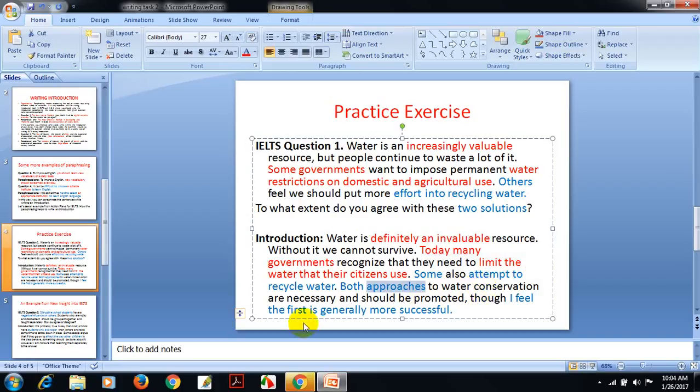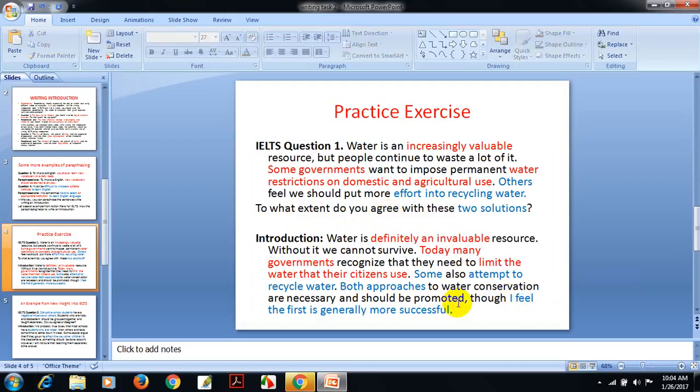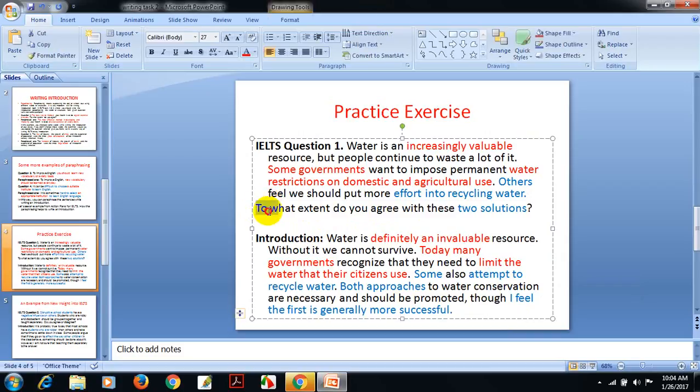What conservation are necessary and should be promoted, though I feel the first is generally more successful. The first means restricting the use of water. To what extent do you agree? I feel, look here, to what extent do you agree with these two solutions?